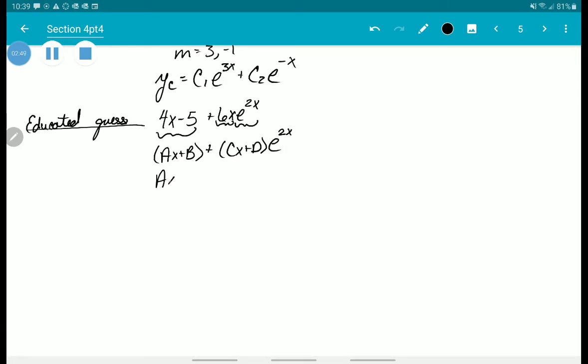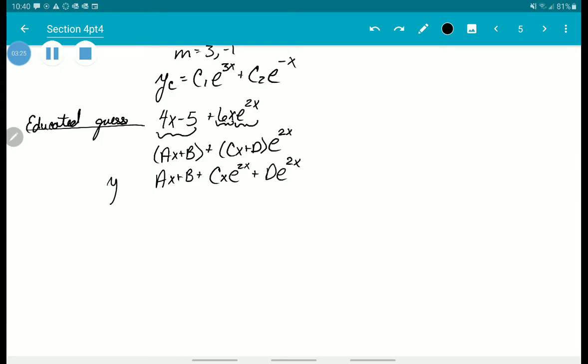If we were to multiply everything out, we would have that. Now the reason I could use just e to the 2x here instead of a coefficient times e to the 2x is because when I distribute there, I'm still going to have that coefficient in front of those e terms.